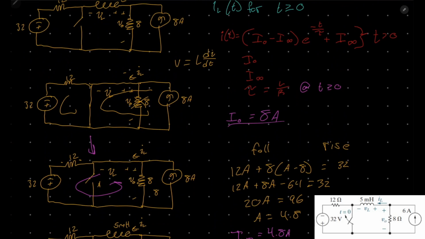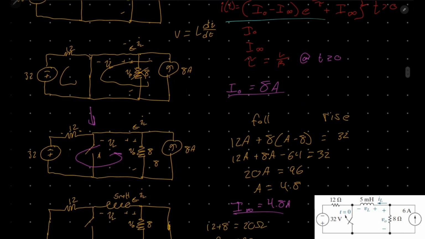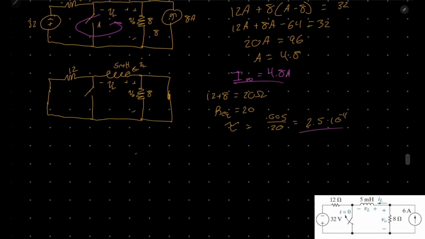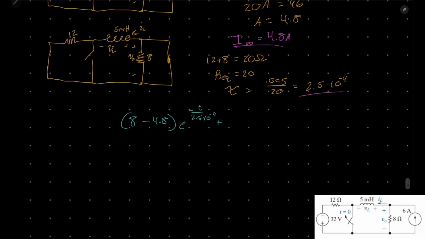I'll write this in blue. Let's look at our expression right here and simply plug everything in. For I initial, we got 8. So we have 8 minus 4.8 times e to the negative t over 2.5 times 10 to the negative 4, plus I at infinity, so plus 4.8.